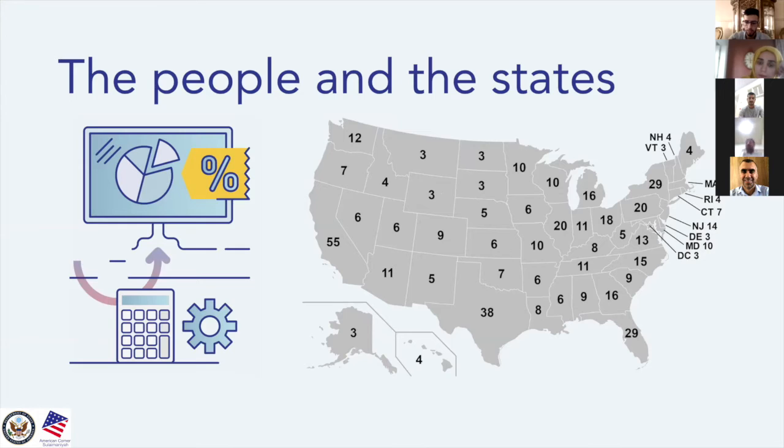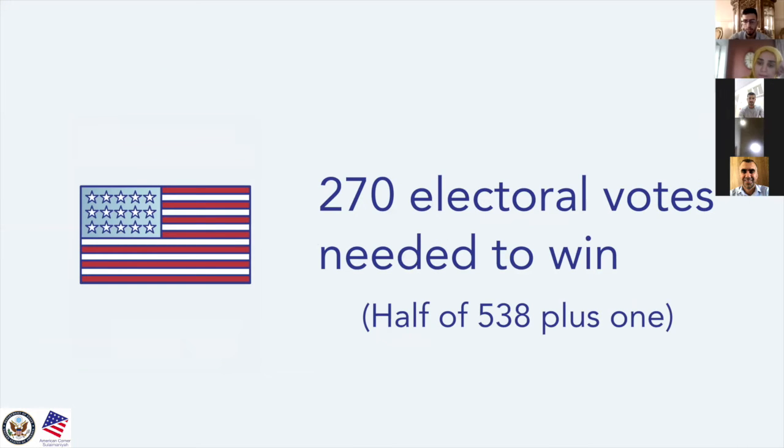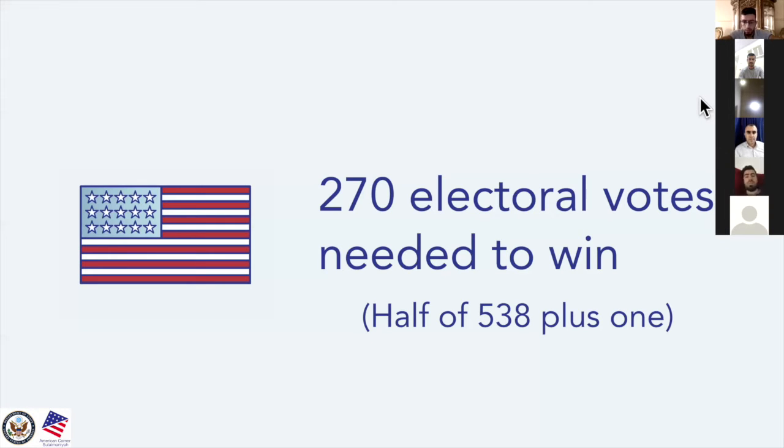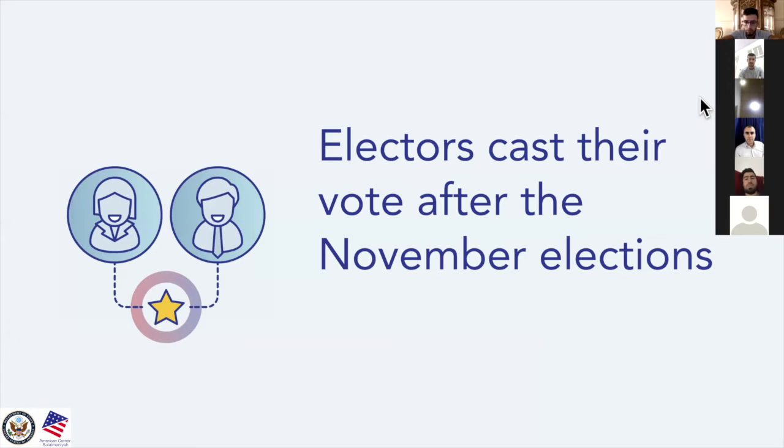All right, so as the video said, you need 270 votes to win. There's a total of 538 votes in the Electoral College, so you need half of that plus 1 to win, which is currently 270. So electors meet in November after the election. Actually, no, they meet December 17th this year.